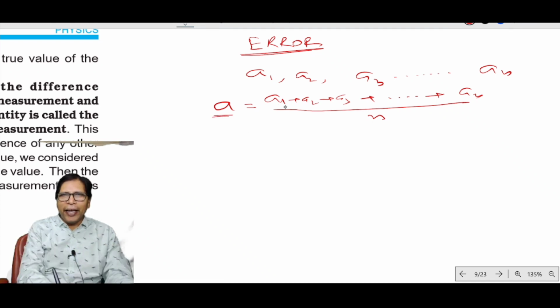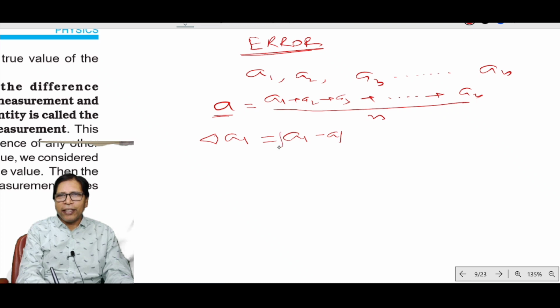Understood? Now the error in the first measurement, delta A1, is A1 minus A. Delta A2, error in the second measurement, is A2 minus A. Error of the third measurement, delta A3, is A3 minus A.